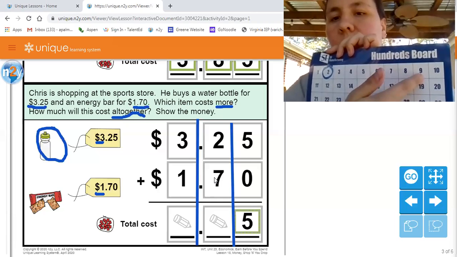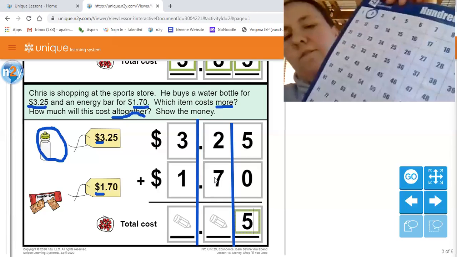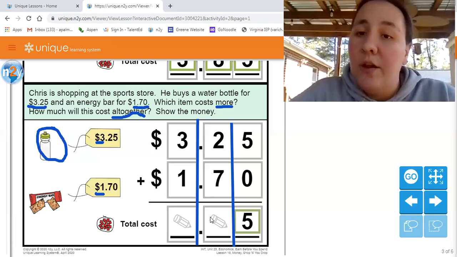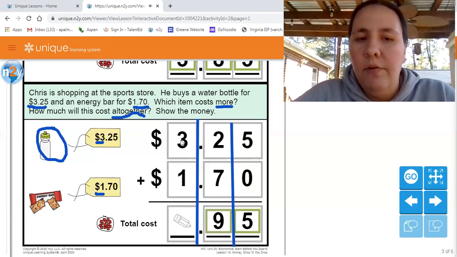What number did we land on? What number did we end on? Very good, a 9. So with your finger, I want you to find the 9 on your keyboard. Beautiful.